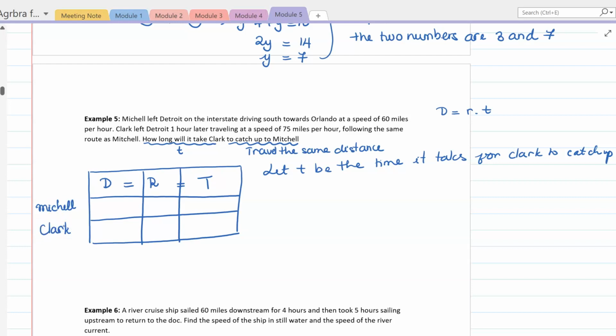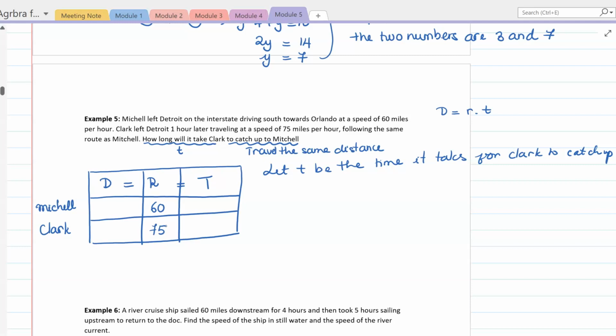So we know that the rate for Michelle to travel is 60 miles per hour, and Clark's is 75. Michelle left the dealership driving south toward Orlando at 60 miles per hour.